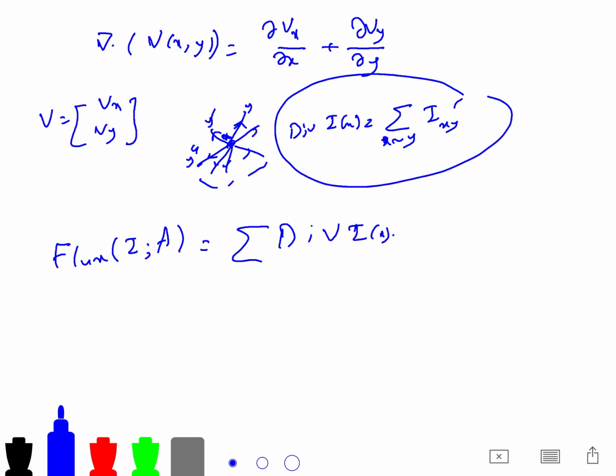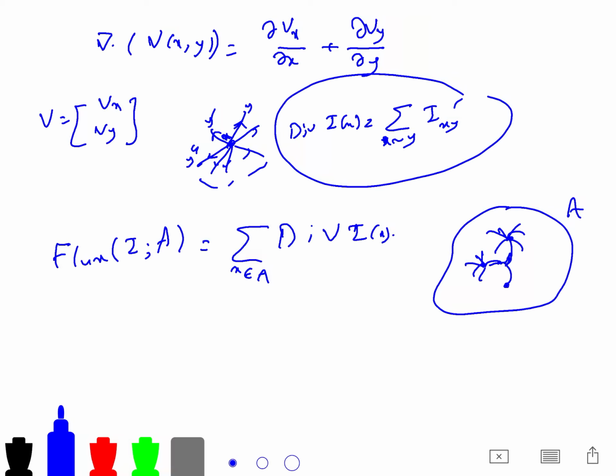So now we are summing over a set A. If you sum the divergence from each of the points inside the set, and some of them are connected, then this is the flux. We call it the flux of I of B0, or the flux of I of A here, for example.